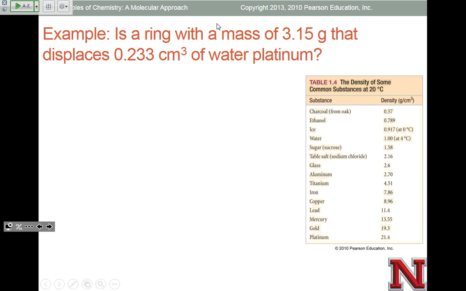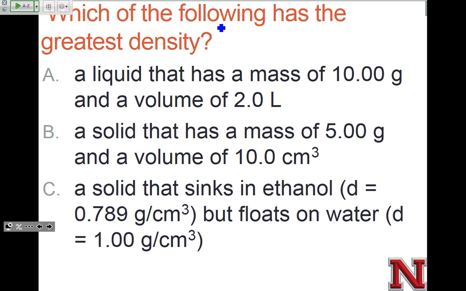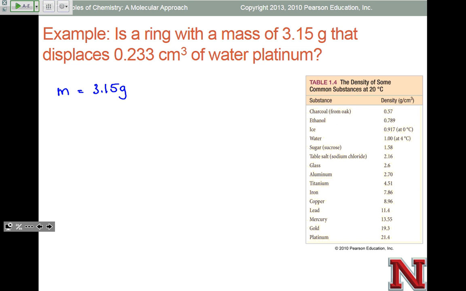So is this ring platinum? We can set this up pretty easily by first finding the density of our unknown substance, our unknown ring. So we're given that our mass is equal to 3.15 grams. And again, I'm writing grams so I don't get confused. And my volume is 0.233 centimeters cubed.